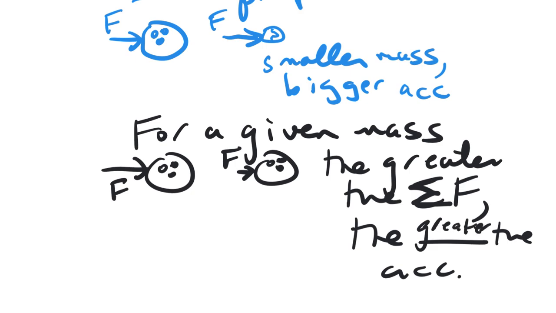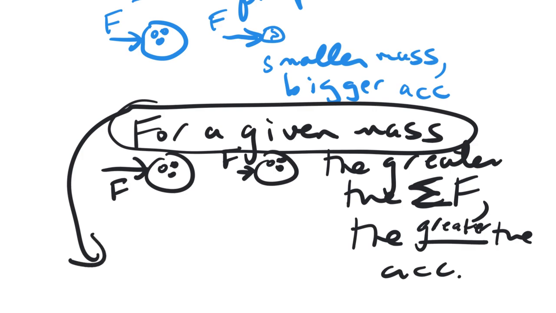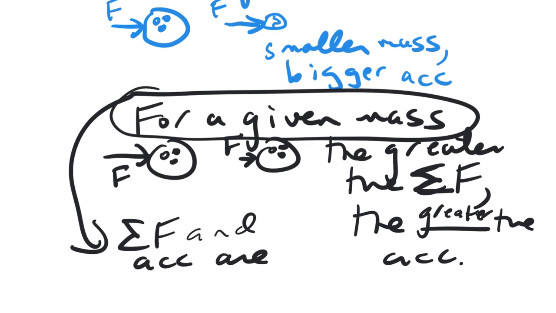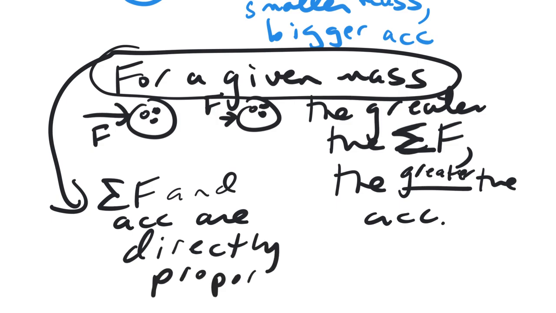So I can say for a given mass, the net force and the acceleration are what proportional? As one goes up, the other goes up. They are directly proportional. Now, you don't memorize this, you just think it out.